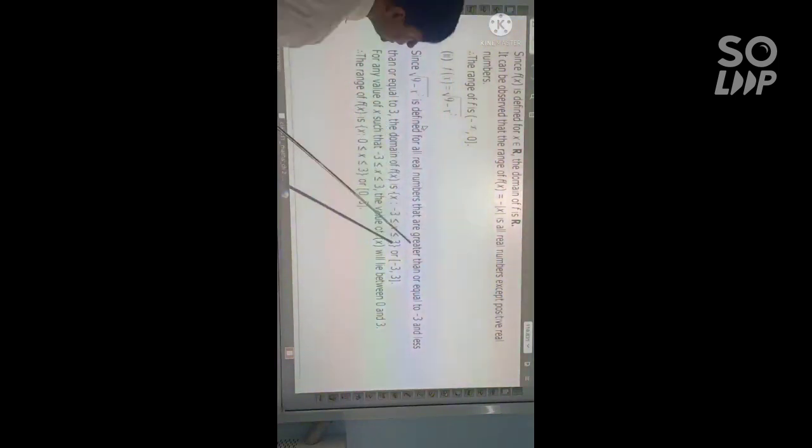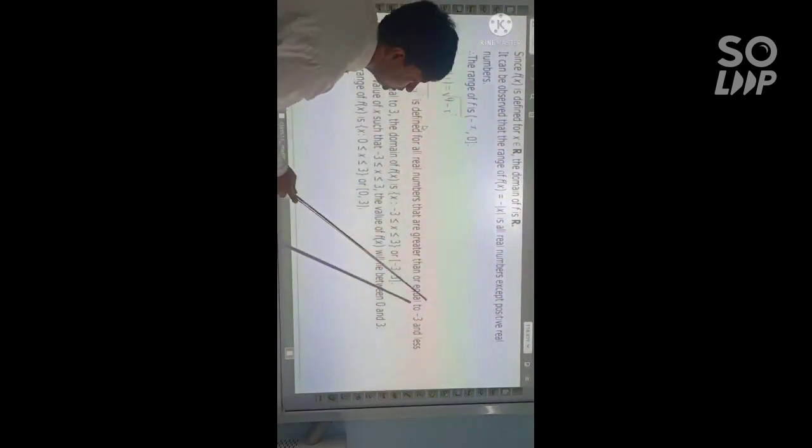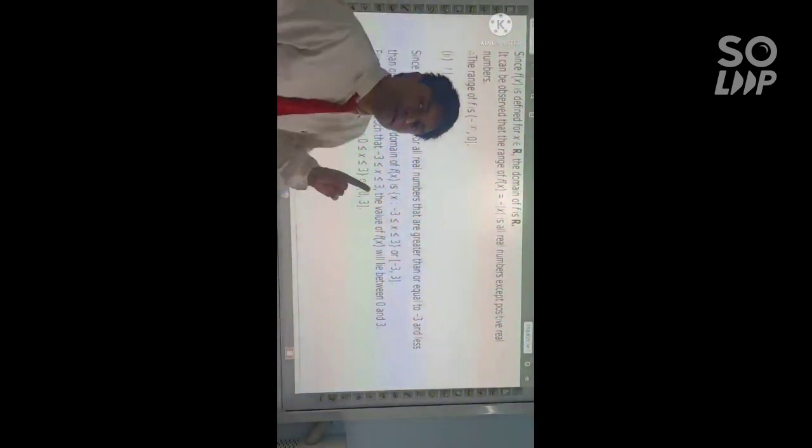Since under root 9 minus x square is defined for all real numbers greater than or equal to minus 3 and less than or equal to 3, we find a real number. For minus 3 and 3, we get 0, and 0 is a real number.